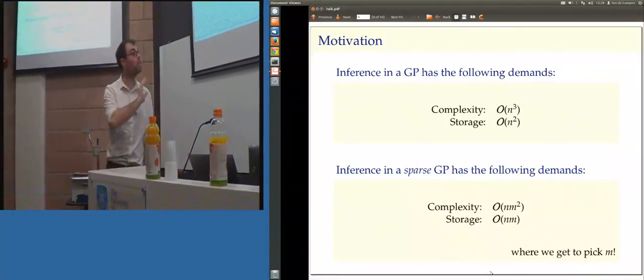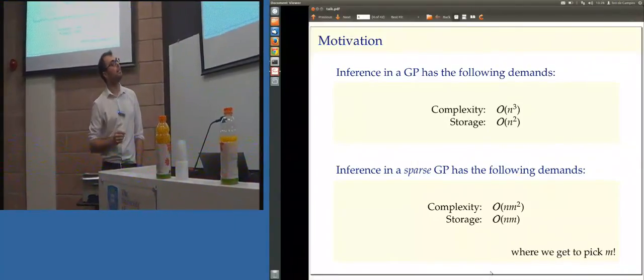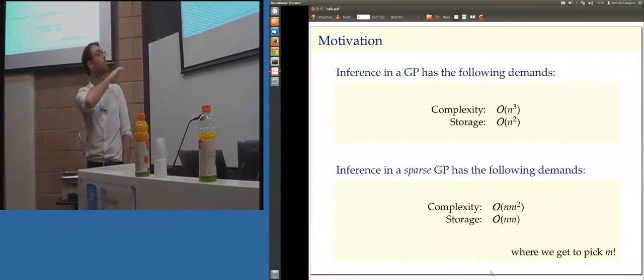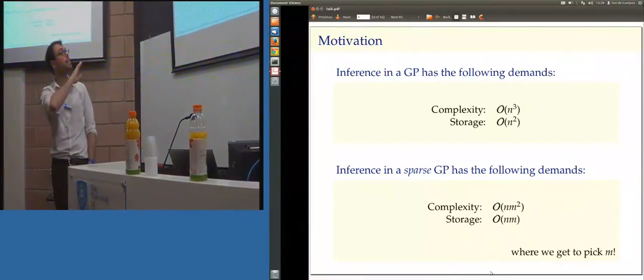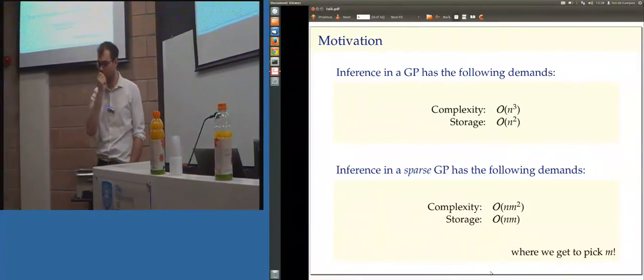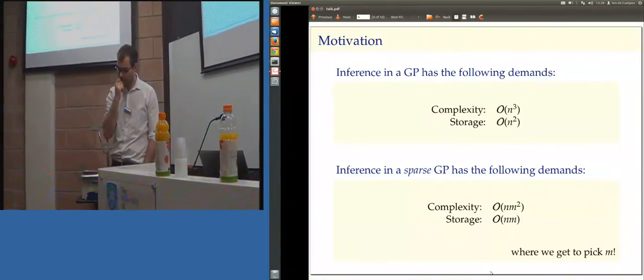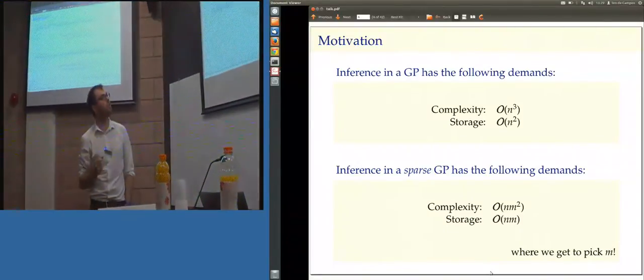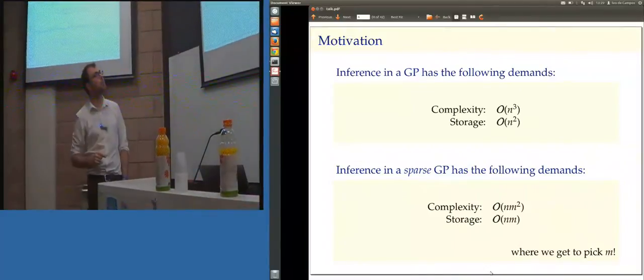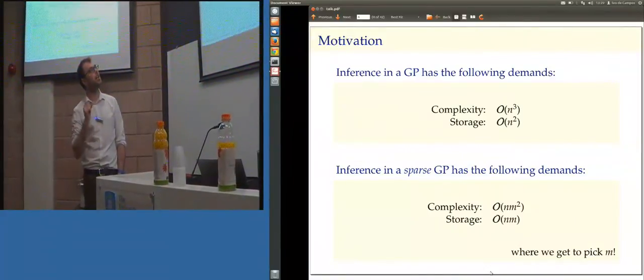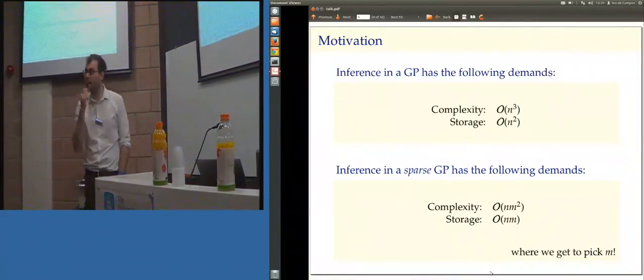So people have worked on sparse GPs, and they've reduced these complexities down from n cubed to n m squared and n squared to n m. And I think they're really concentrating on the computational complexity here, n cubed to n m squared.